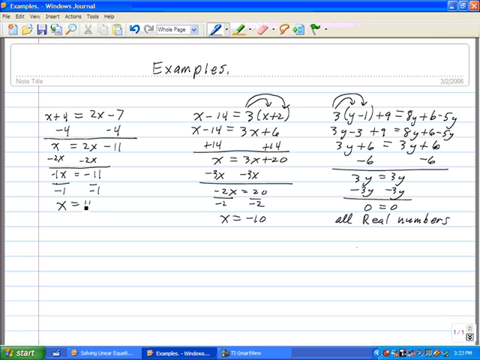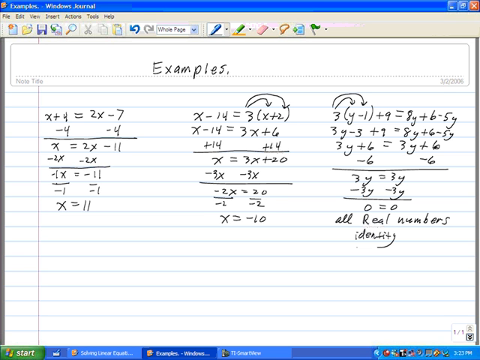Now, when you get an 11 or a negative 10 or something of that nature, that's called conditional. What we just saw here with this 0 equals 0 is actually called an identity. Alright? And we can also get what's known as a contradiction.